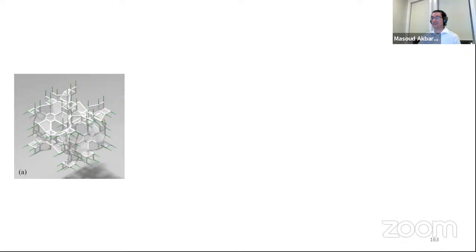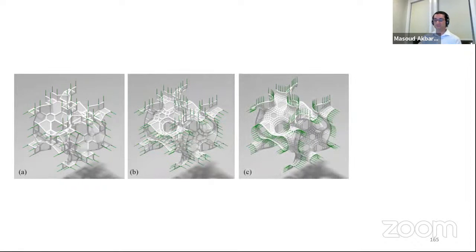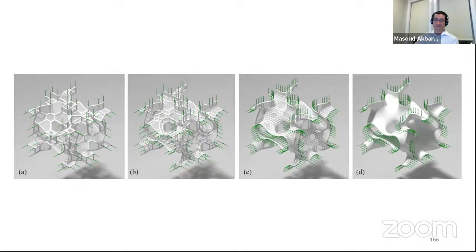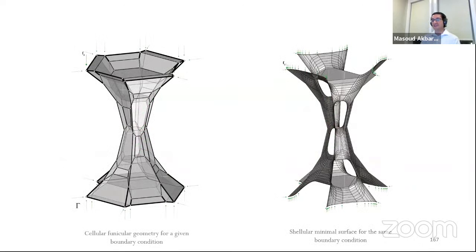flow of forces. And he has recently shown that with a particular approach in controlling the force, you're able to translate a cellular system to a cellular system, which is quite efficient. And why is this important? Because the cellular systems mainly rely on buckling performance, and the construction of their nodes is quite challenging, very difficult.